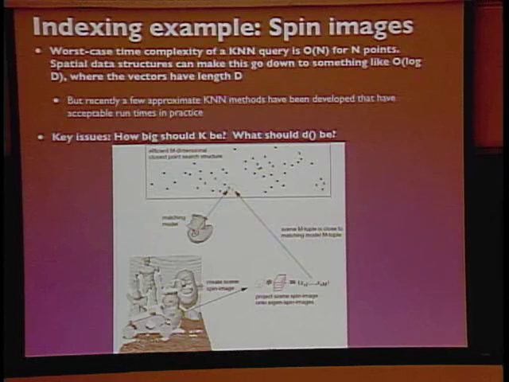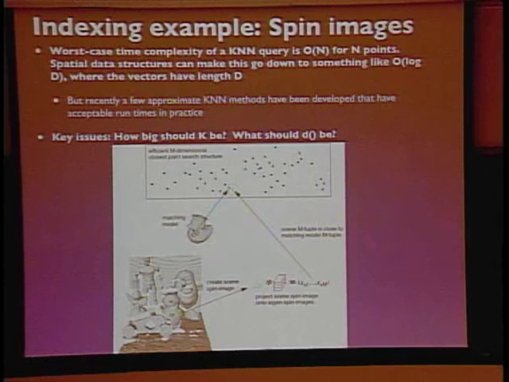Now, if k is too small, then you might miss the actual correct correspondence between the scene and the models. But if k is too large, then while the time complexity of doing this proximity query does not seem to go up with k, realistically speaking, it does.